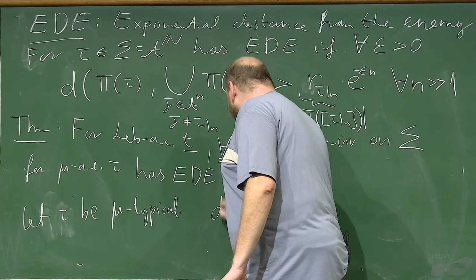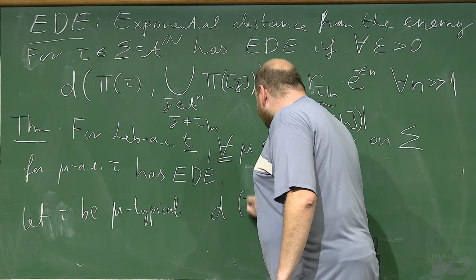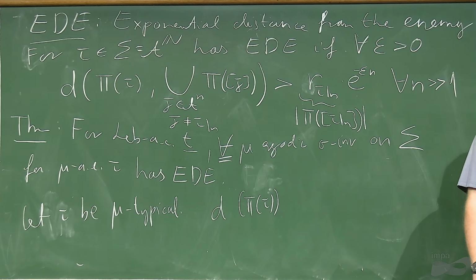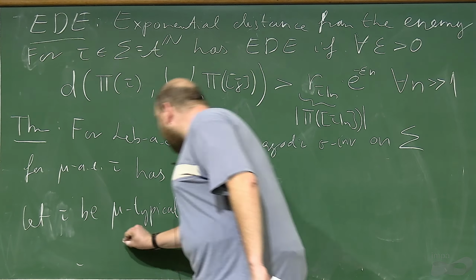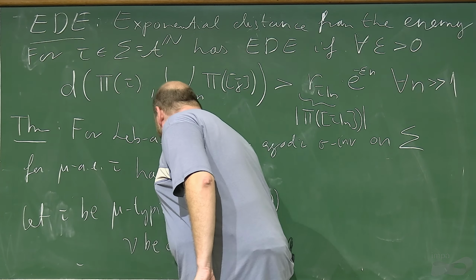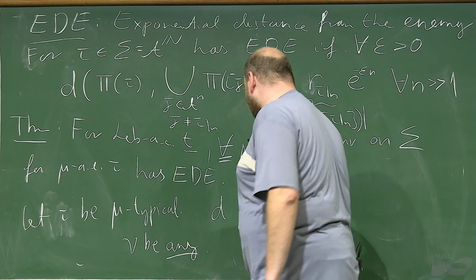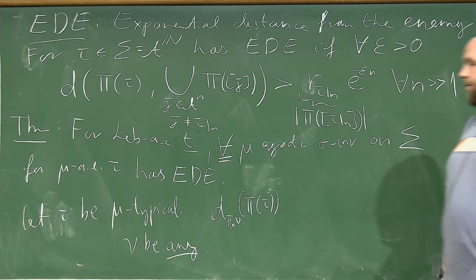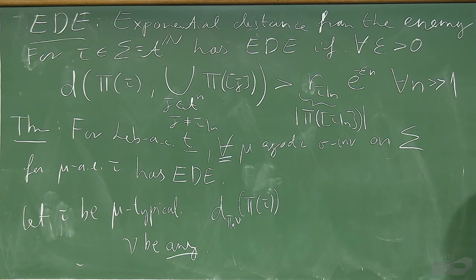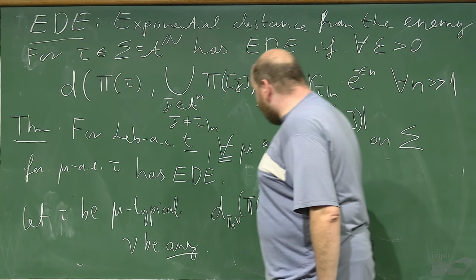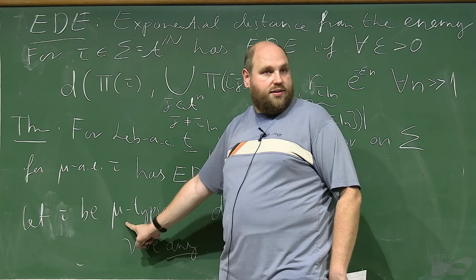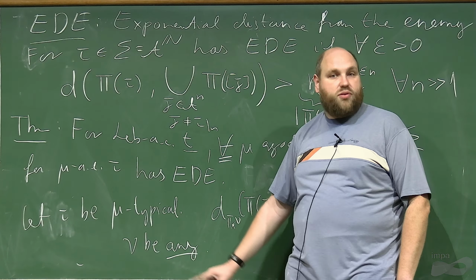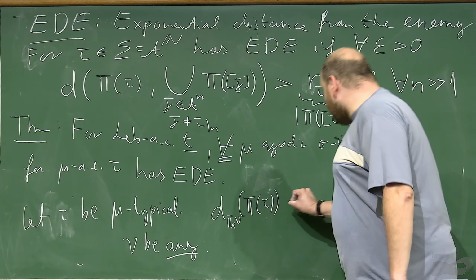I'm trying to take the local dimension at this point, pi of I, of any measure. So let nu be any measure, really any. The center is mu typical, but I'm looking at the local dimension with respect to any measure. What does this mean?